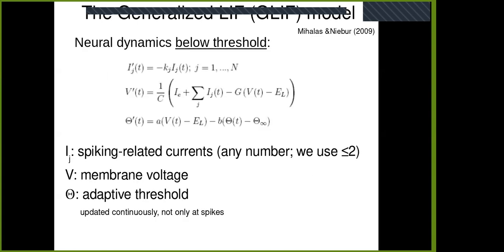So it goes down to a lower value, and then if there's injected current, it starts to increase. So I guess there's no absolute refractory period. Exactly. But there's a relative refractory period. We have no other constraint. Although you could probably engineer it such that effectively there's an absolute refractory period, by setting the parameters in such a way, right?